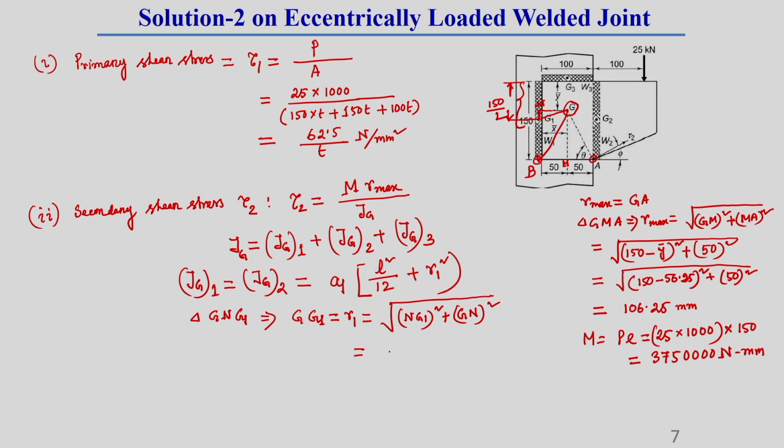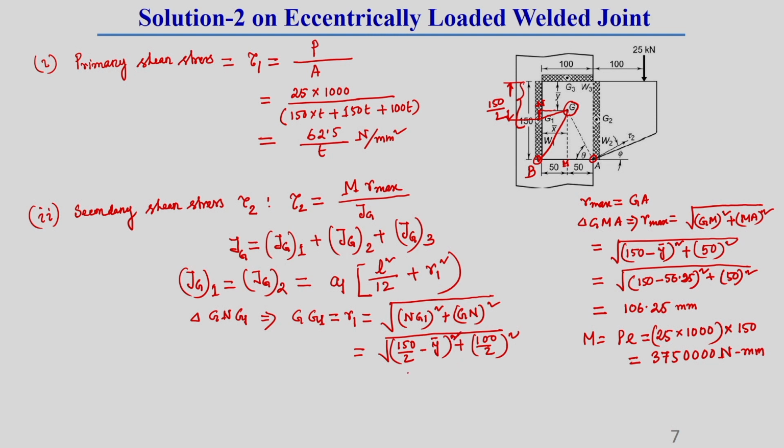What is NG1? NG1 is very well known to us, that is 150 by 2 minus y bar. And GN is given as the mid length of this horizontal weld, that is 100 divided by 2, this square.